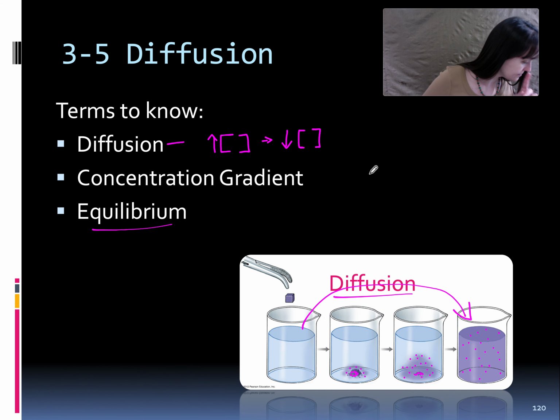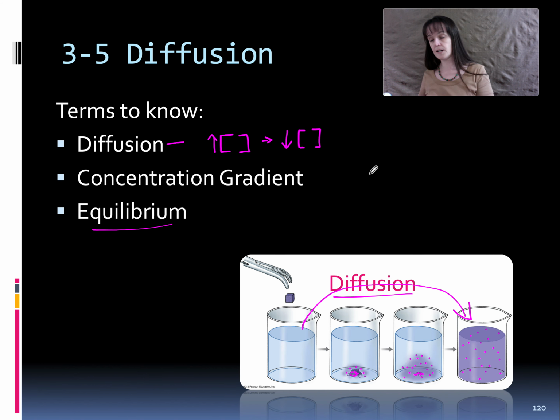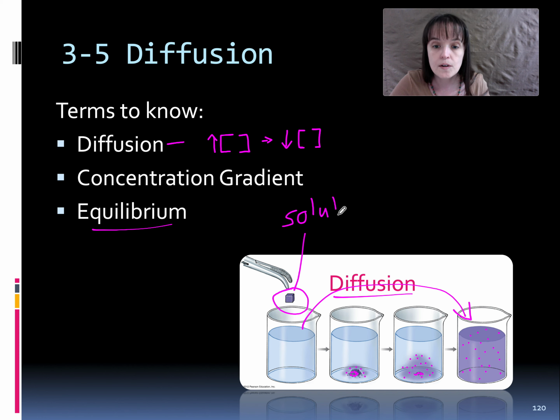All right. Solvent. So the solute in our example is the purple sugar. And the solvent is the water.